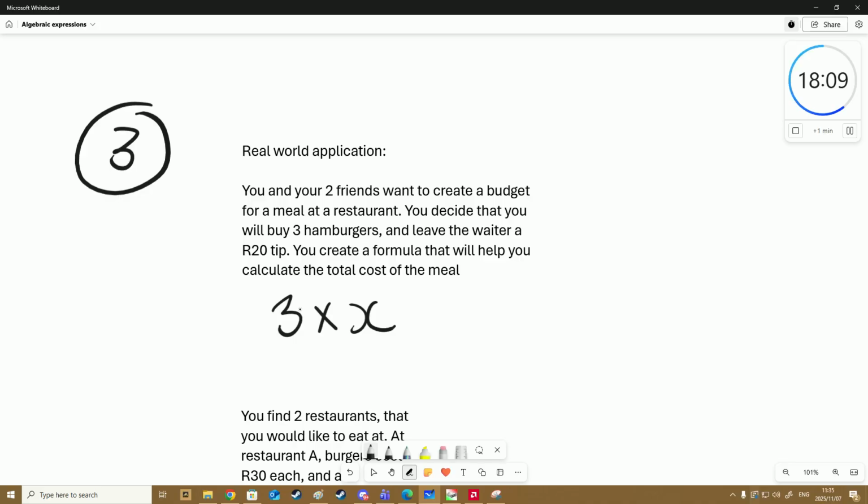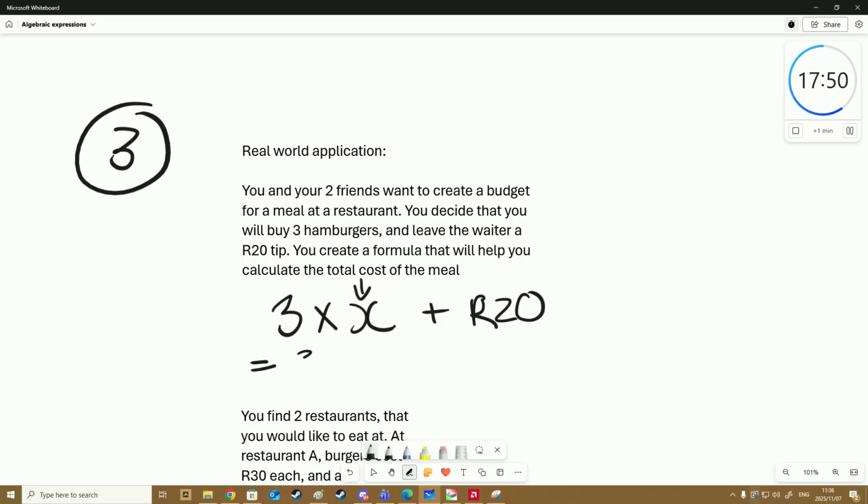We are making the cost of a hamburger equal to x, and we add 20 rand to this cost, and this is how we are going to find out what each of the restaurants will cost us.